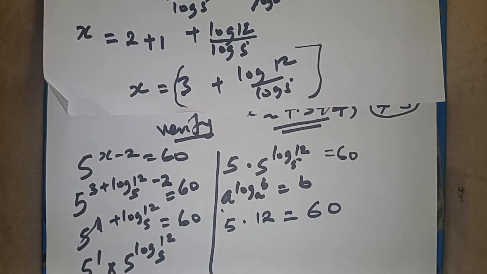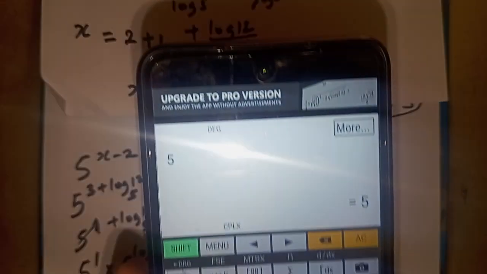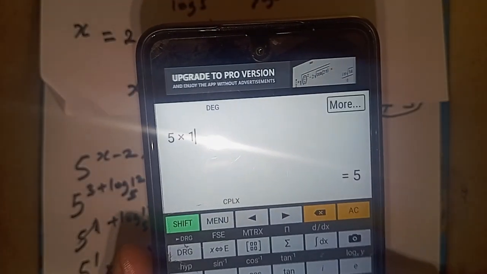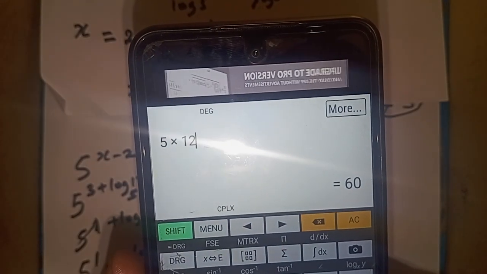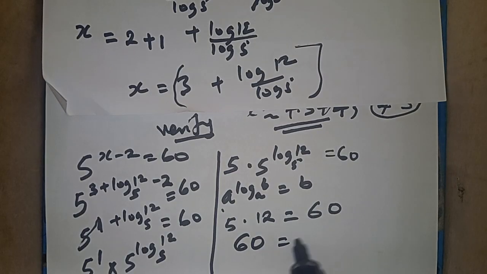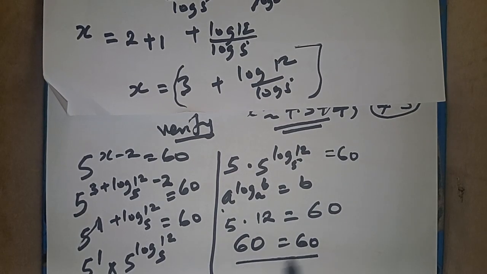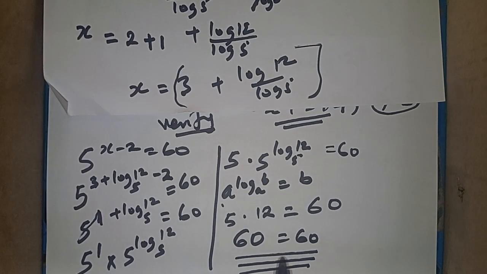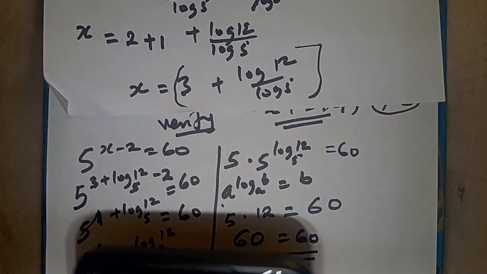When you take 5 and multiply by 12, it's true that I'm going to get 60, which is equal to 60 on the other side. Hence, we have proved our equation.